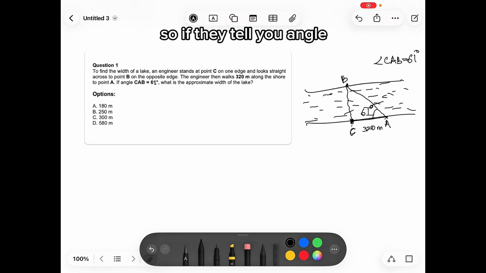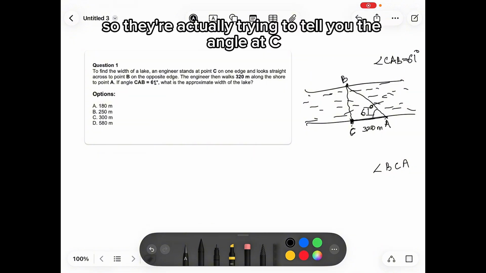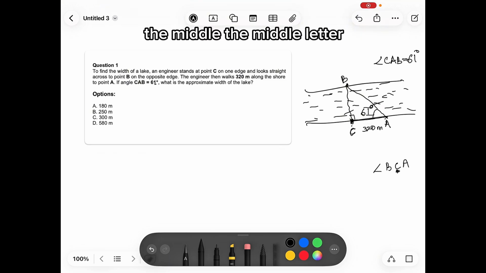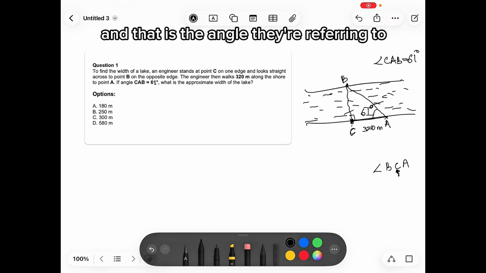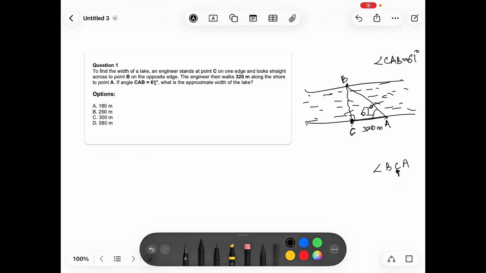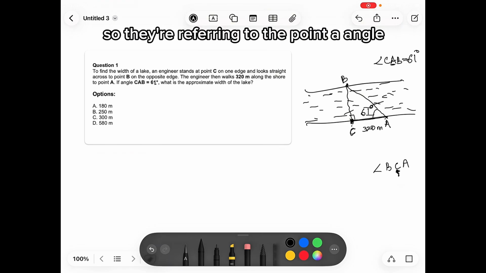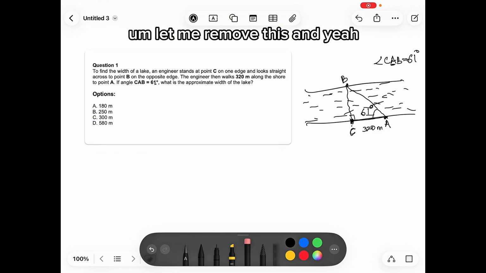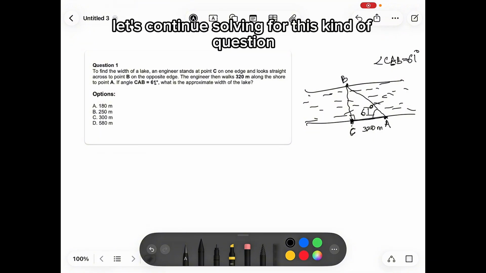So if they tell you angle, let's say BCA, they're actually trying to tell you the angle at C. So you just need to pick the middle letter, and that is the angle they're referring to. Because this is angle CAB, they're referring to the point A angle, which is 61 degrees. Let me remove this, and let's continue solving.